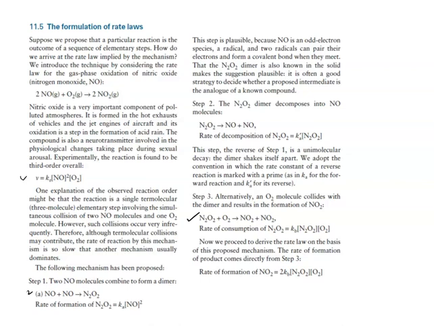Now we proceed to derive the rate law on the basis of this proposed mechanism. The rate of formation of product comes directly from step 3. So the rate of formation of nitrogen dioxide would equal 2 times k_b times the concentration of N2O2 times the concentration of oxygen gas.